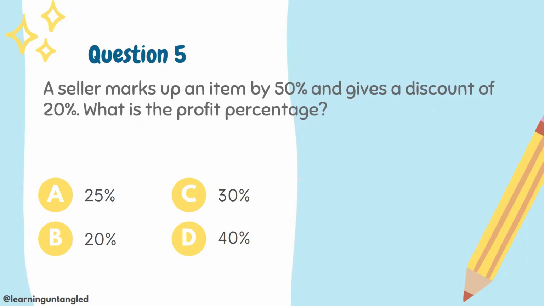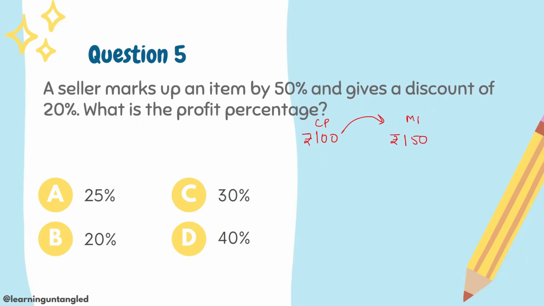Okay, so we are only talking about percentages. We are not given any exact values. So what we'll do is, let us assume that the initial cost of the item is 100 rupees. Now the seller is marking it up by 50%. So this is my cost, and he's marked it for 150 rupees.